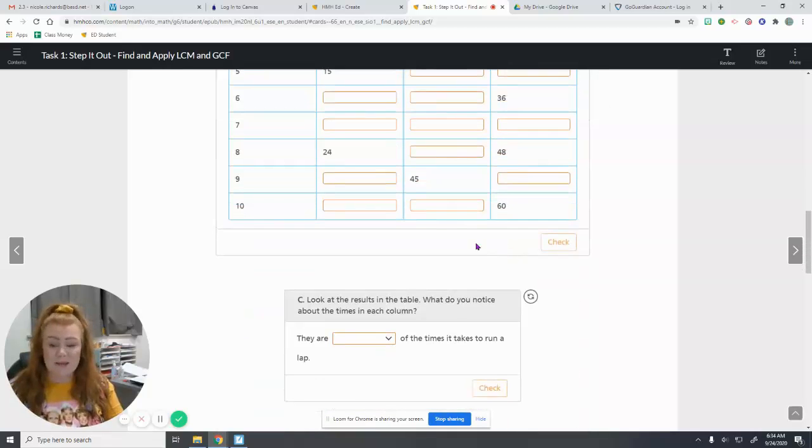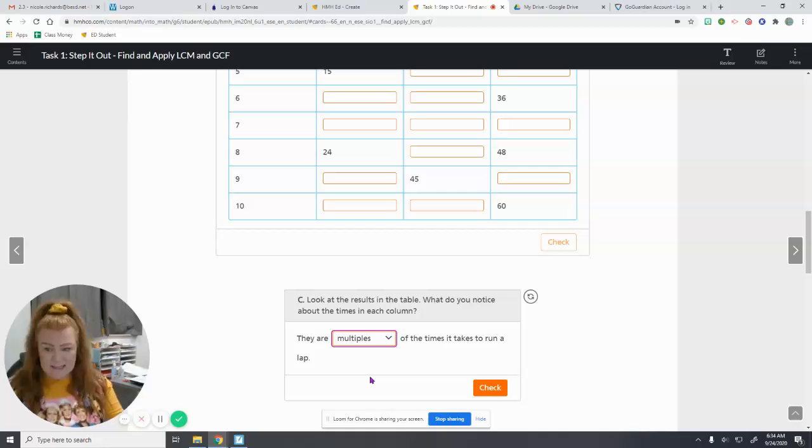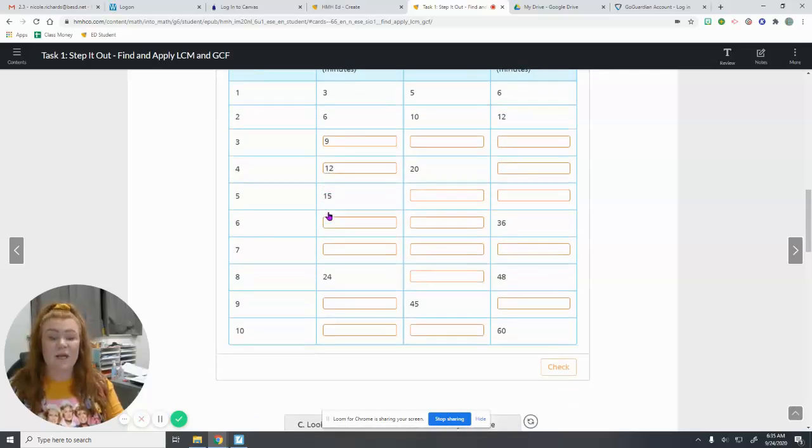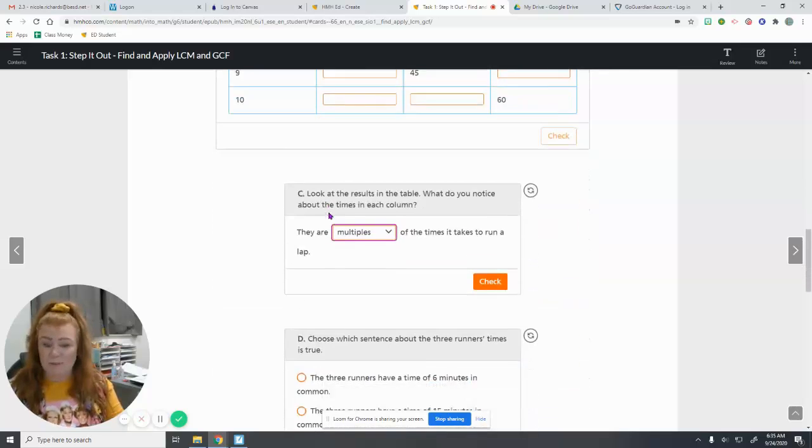I know when I'm saying those, that those are multiples of those numbers. Skip counting is the same thing as multiples. We're multiplying. 3 times 1 is 3. 3 times 2 is 6. 3 times 3 is 9. 3 times 4 is 12. Multiples are more because we multiply them.